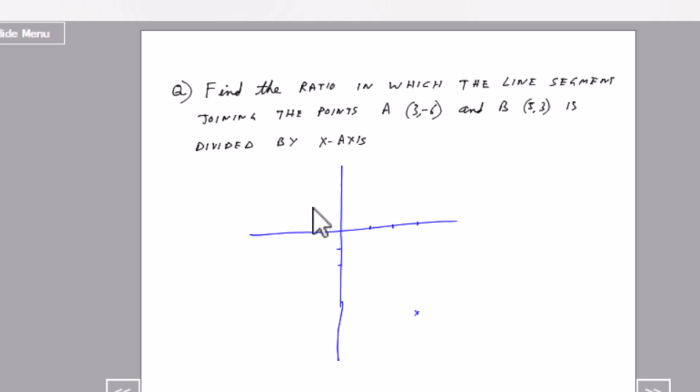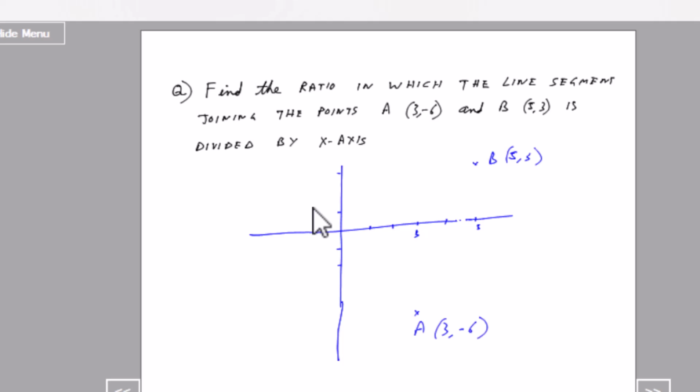This is one of the points, and the second point B is (5, 3). So again I have to go further towards the right. This is 5, and 3, so 1 2 3. So it will be somewhere over here. So this point B is (5, 3) and point A is (3, -6).